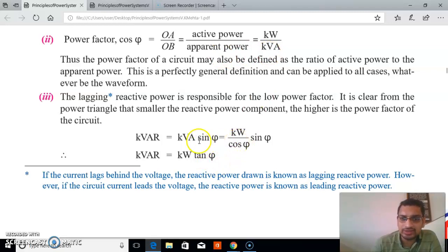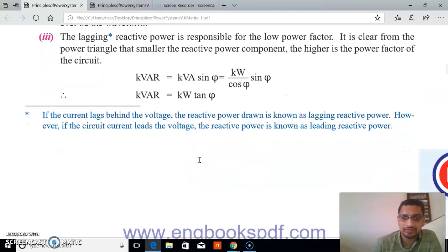So write kW by cos phi instead of kVA, into sin phi. And sin phi by cos phi is tan phi. So kVAR equal to kW tan phi. That is the reactive power in the circuit.